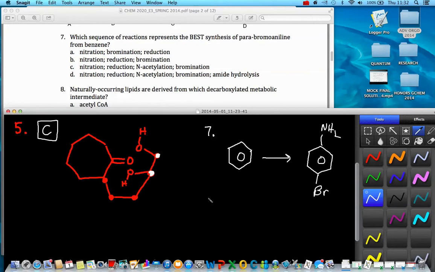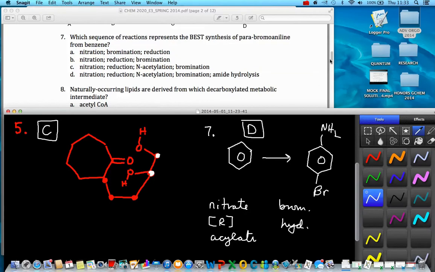I think the best sequence would be to 1 nitrate, 2 reduce, 3 acylate, 4 brominate, 5 hydrolyze. And so that is going to be answer choice D. Credited response for 7 is D.